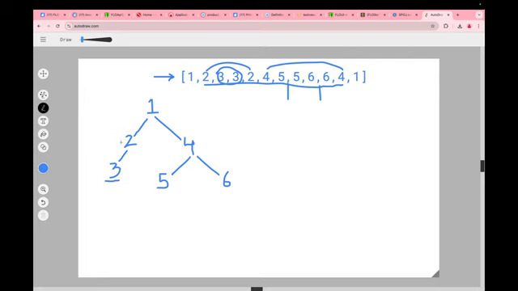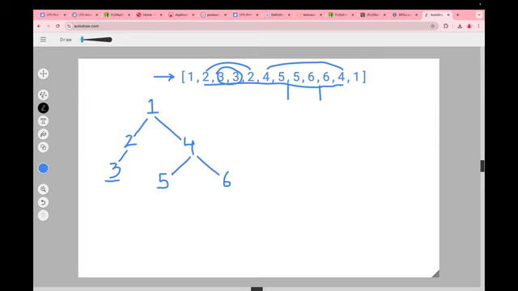It means the parent of 3 will be 2 and the parent of 2 is 1. So 3 is a subtree of 1 and the parent of 3 will be 2. Again, the same thing holds for 5 and 6. 5 is directly wrapped by 4, so 4 is the parent of 5, and 6 also is wrapped by 4. So 4 is the parent of 6.